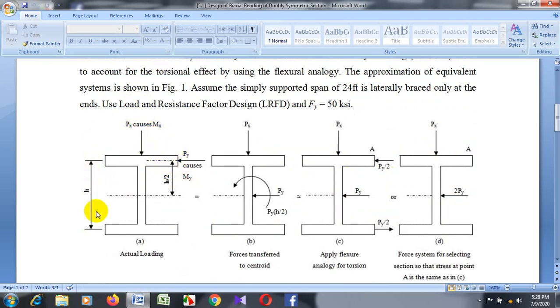H is the center to center height of the top and bottom flanges. H by 2 is the distance to the centroidal or neutral axis, and this force is transferred with an equivalent bending moment.